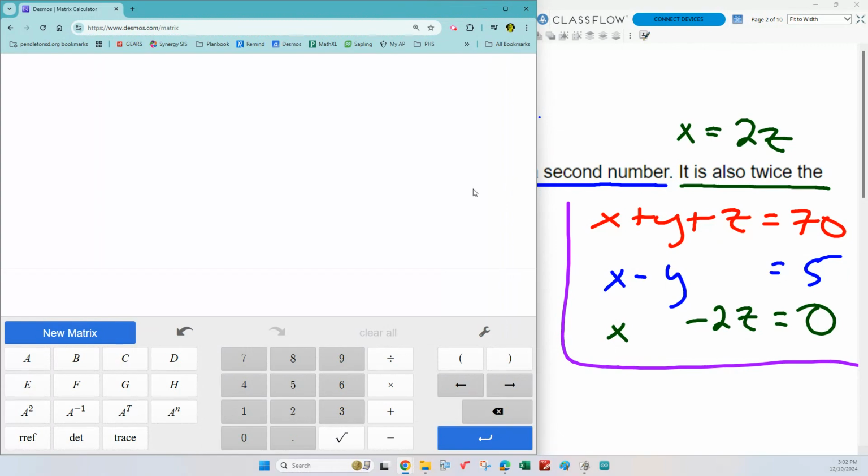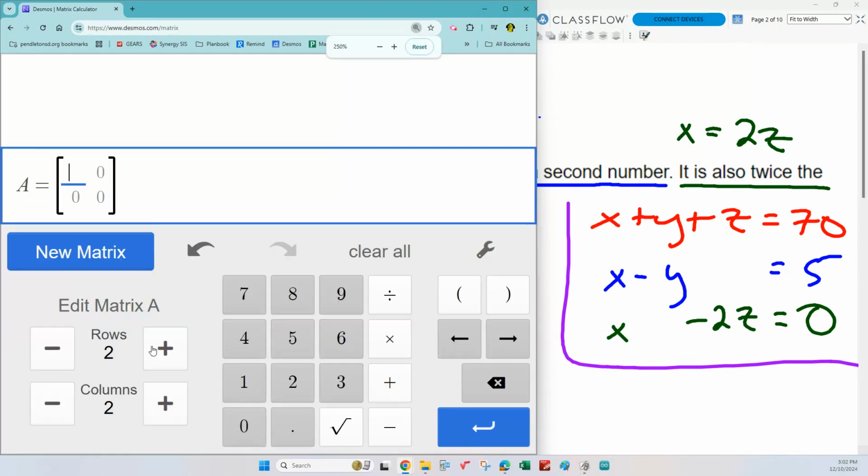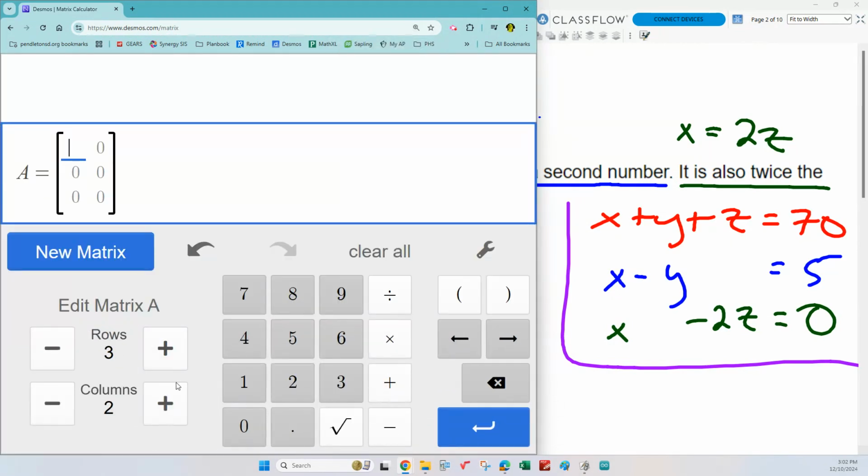You have to go to the Desmos site and then choose. There's like 6 different calculators. We choose Desmos matrix calculator. There you go. So now, what buttons do I push? New matrix. Add a row. Add 2 columns. Good. So 3 rows, 4 columns. Perfect. And I'll hit Tab to advance through the matrix.